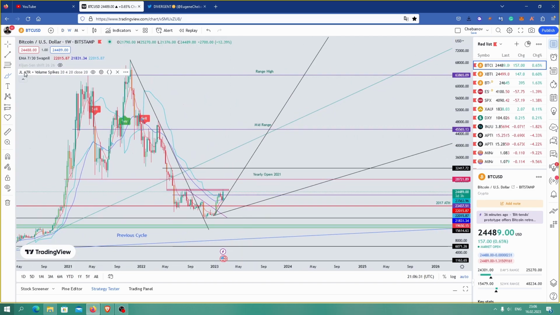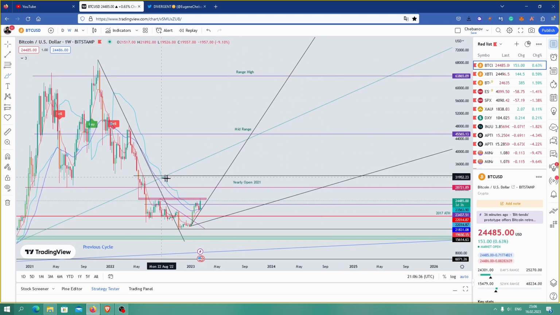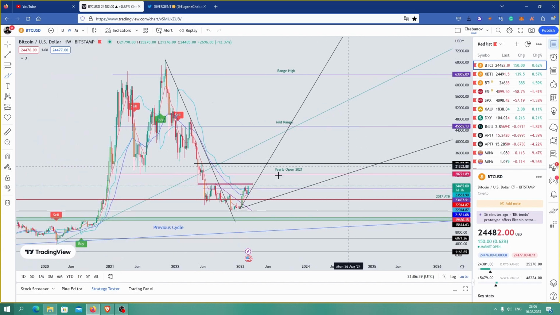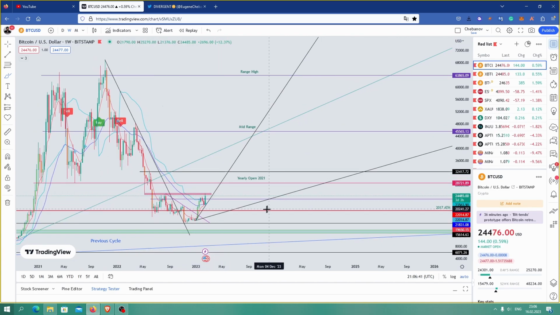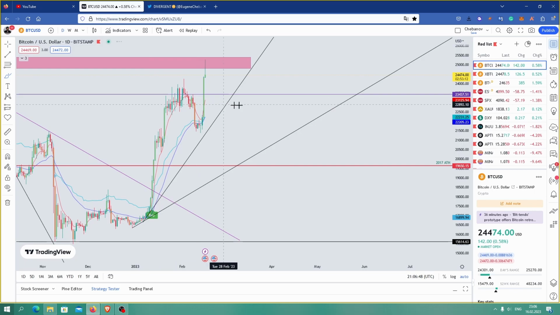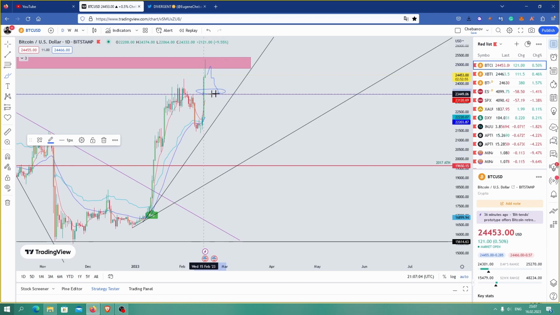But if you look at the weekly time frame, we already broke the weekly ATR, and that is kind of bullish. This line already represents our weekly ATR. So basically we have to retest it, and we will retest it. Based on the ATR, we see these inefficiency zones, untraded zones, and I am positive that we will retest this zone.